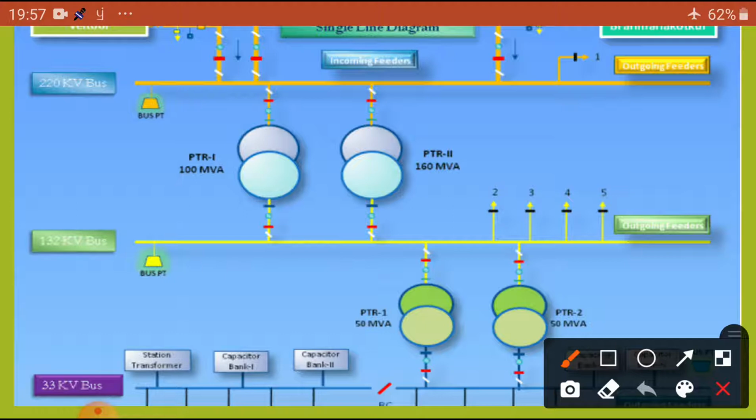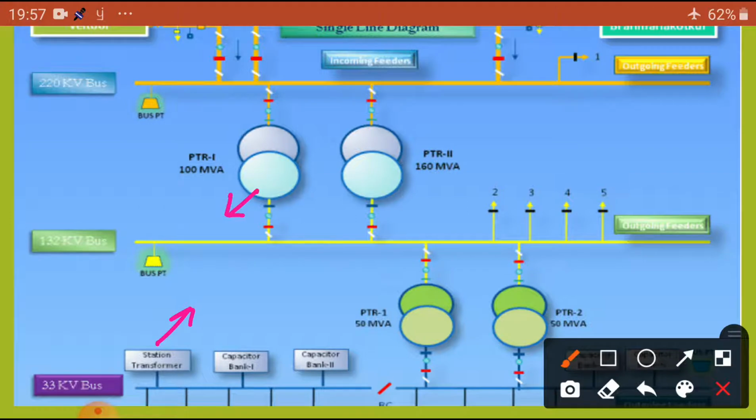At the same time, you can see one station transformer, to feed all the accessories. Because for air circuit breakers we require compressor operation, so a 3-phase motor is required. In power transformers, we require radiators, so a 3-phase supply is required.